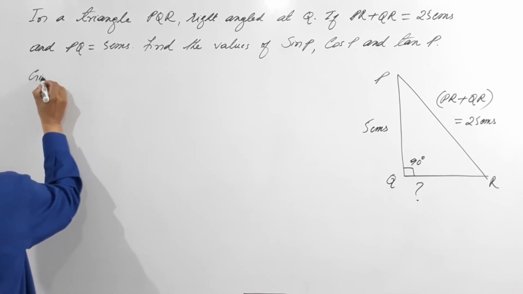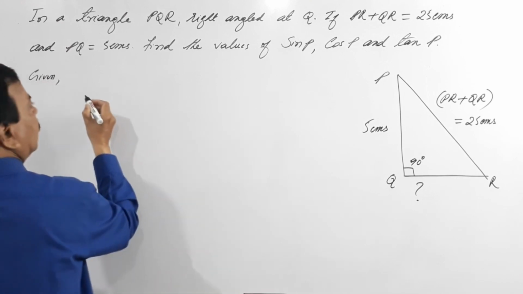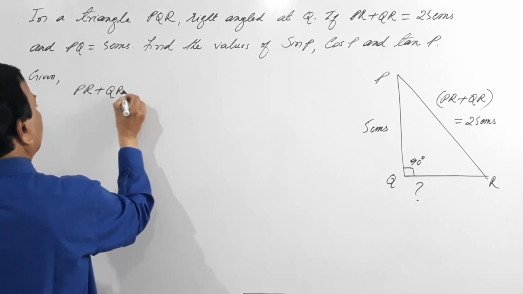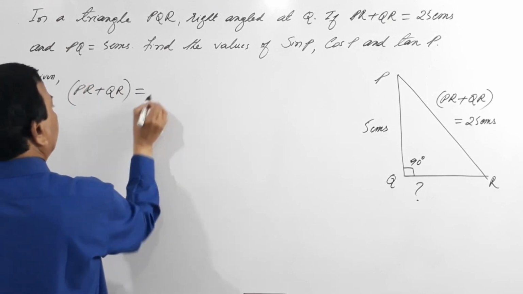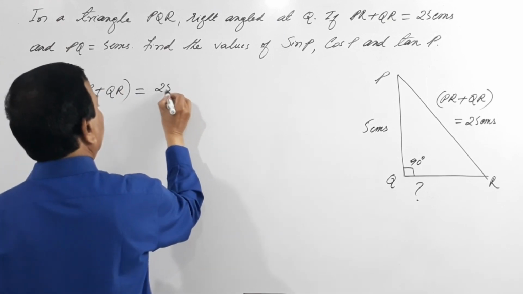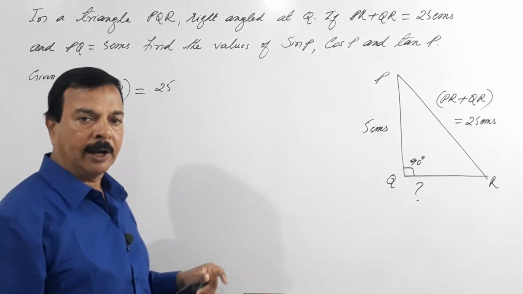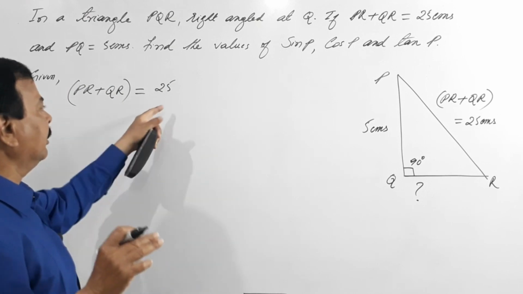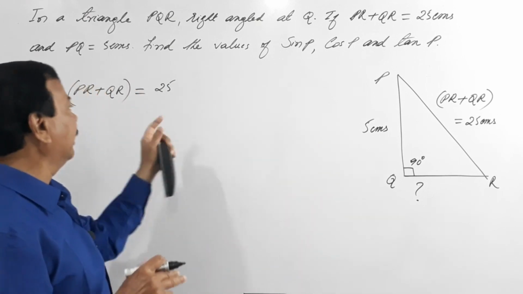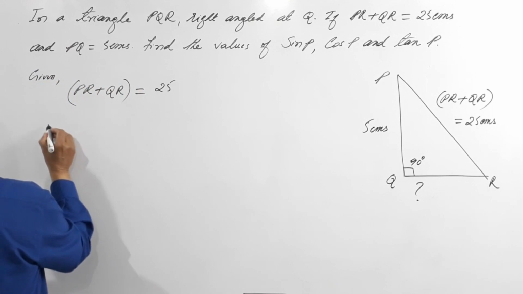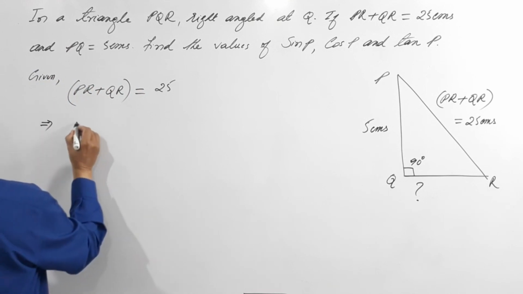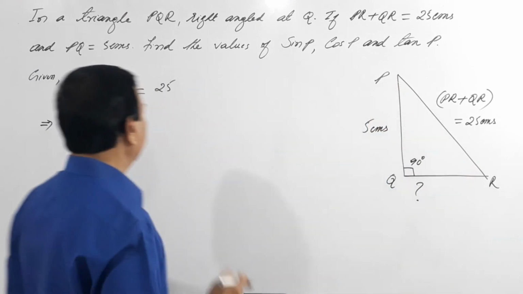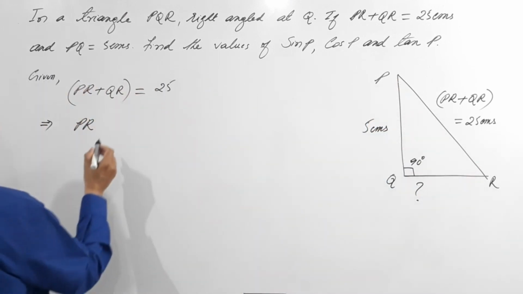So given PR plus QR equals 25. The centimeters, all these things later on we'll add, because it doesn't look neat, so 25 is understood. We'll write the answer 25. What happens? So this implies, I'll write like this. I want PR because we want to find the value of PR in terms of QR. So what happens to this?